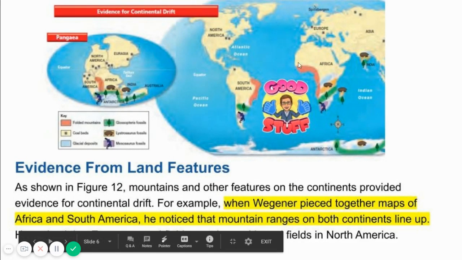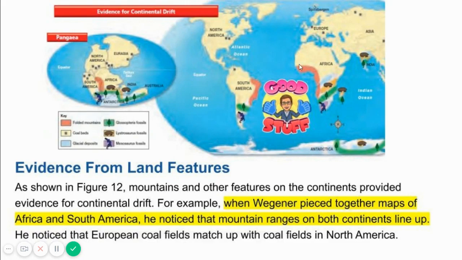Now once again, I'm going to show you up here the area where the continents lined up with mountain ranges. He noticed that European coal fields matched up with coal fields in North America. These here. Interesting.